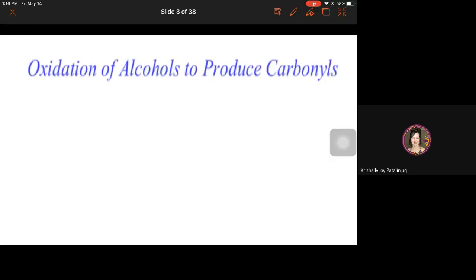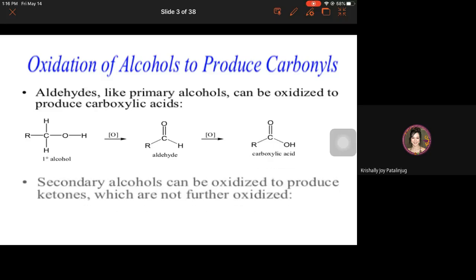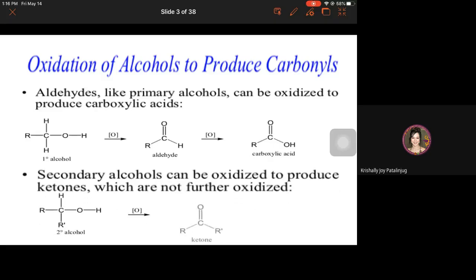So that is it. Again, secondary alcohol gives ketones, and ketones are not further oxidized. Of course, ketone is a product of the oxidation of secondary alcohol. That is what I discussed earlier.